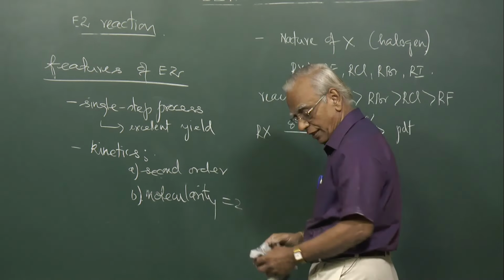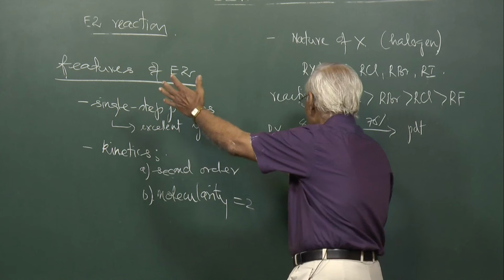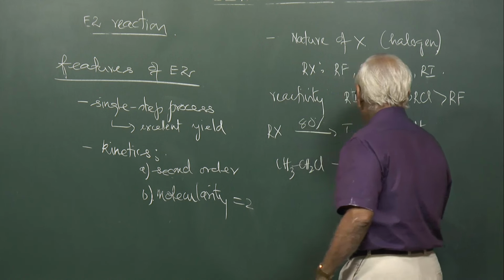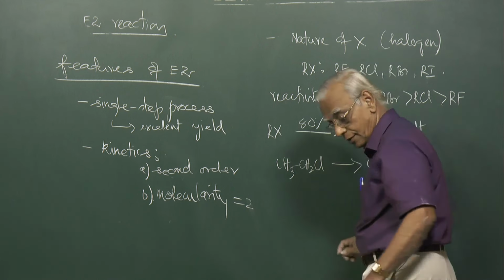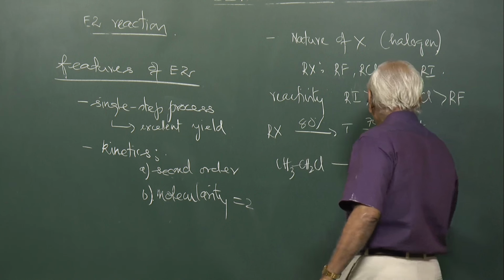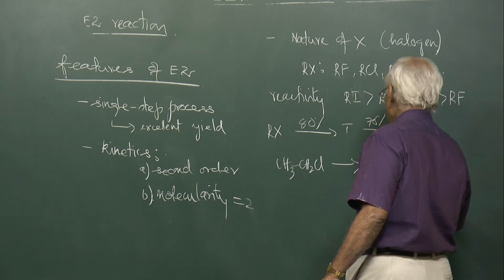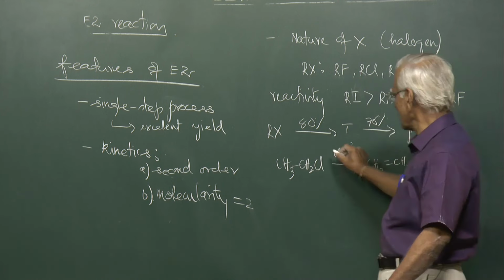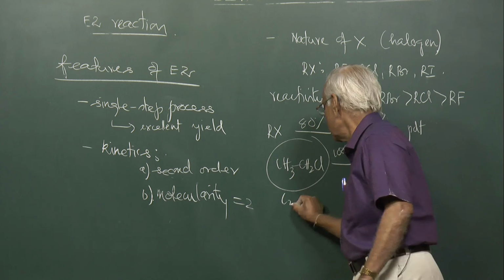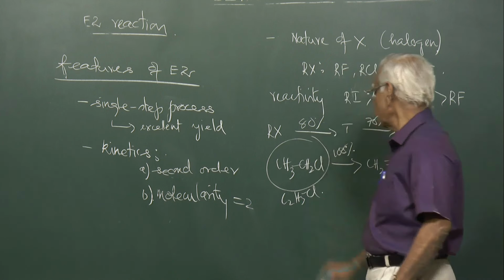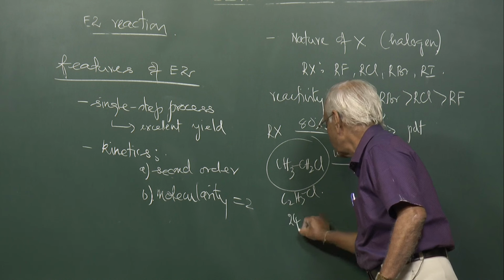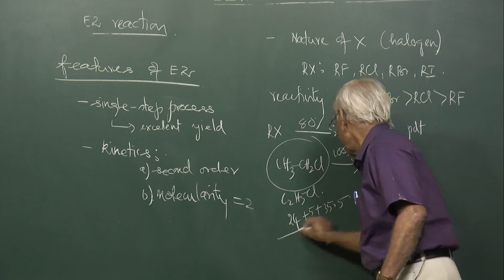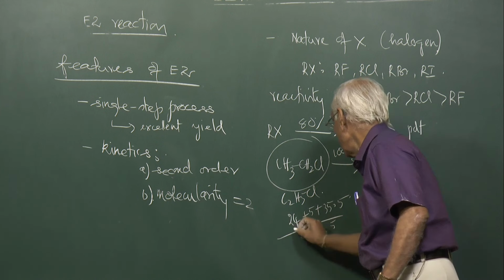Let me take a simple example. We shall take chloroethane converted into ethene. It's a single step process. If it is going to be 100% yield, whatever be the molecular weight of this, C2H5Cl: carbon is 24, plus 5 is 29, plus 35.5, that is equal to 64.5.